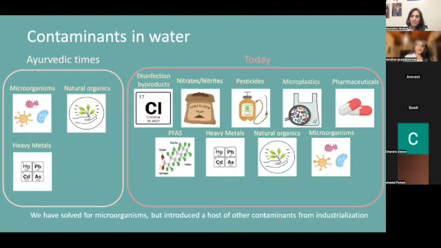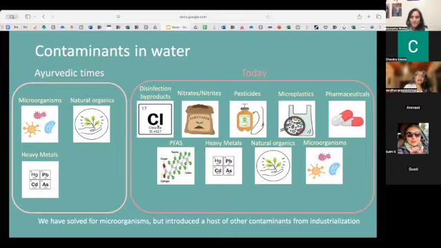By adding chlorine, we've kind of solved for microorganisms, but we've added a whole bunch of other contaminants from industrialization. We're going to go through some of these contaminants and look at them critically: are some of these more important than others? How do you even think about this problem? How do you know how clean your water is?